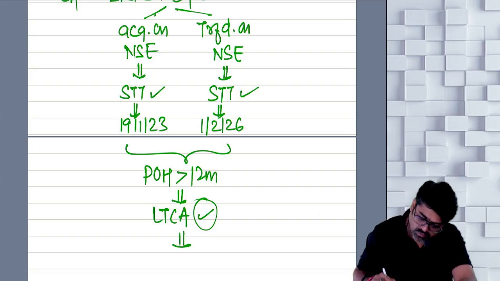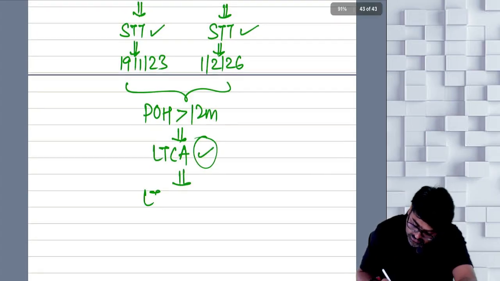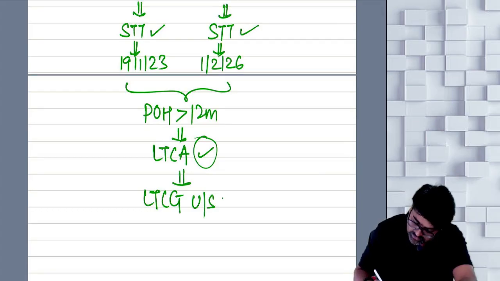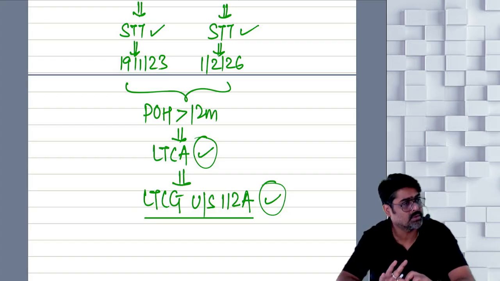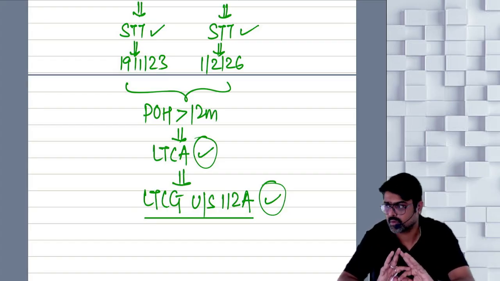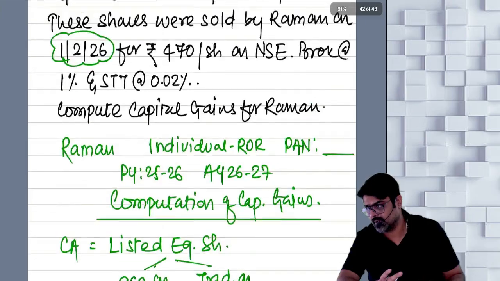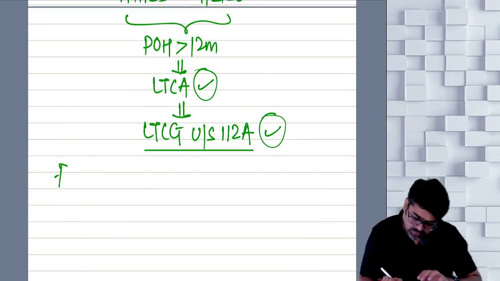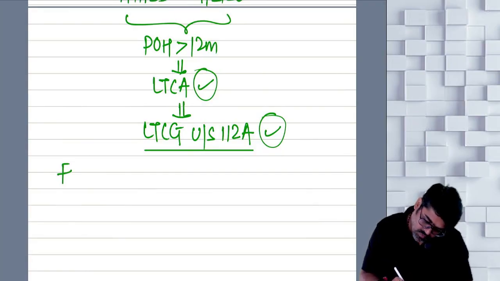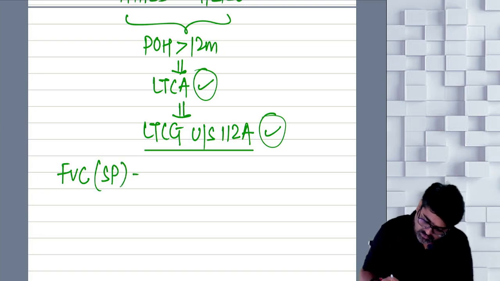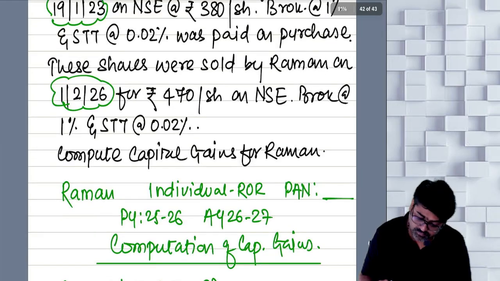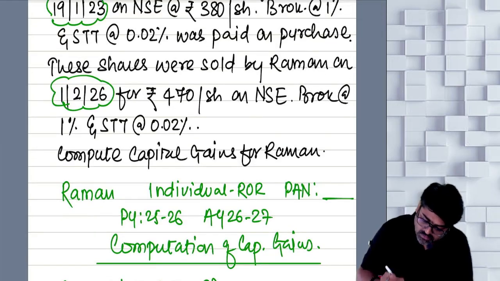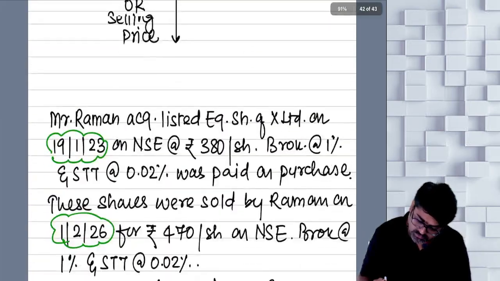And now you are going to calculate LTCG, and now this LTCG will be calculated under section 112A. Understood? Okay. So how will you calculate? First we'll take full value of consideration, which is nothing but selling price per share, 470. 470 into how many shares?